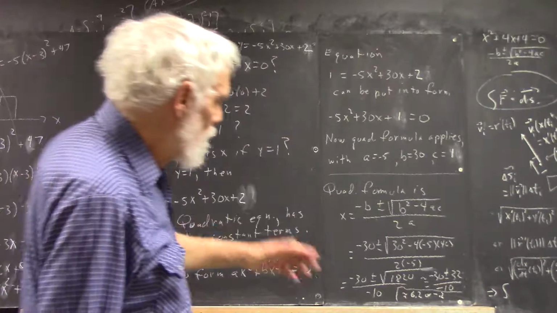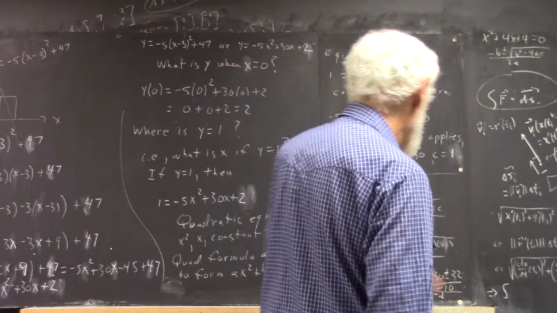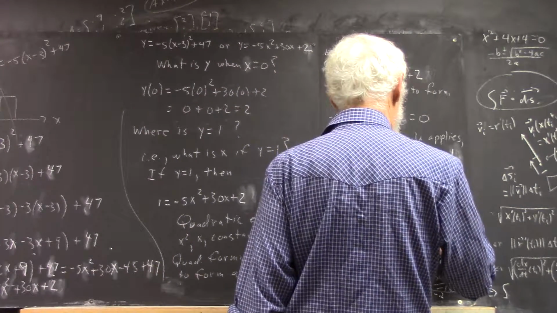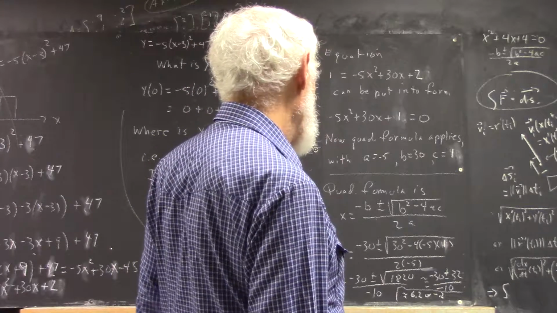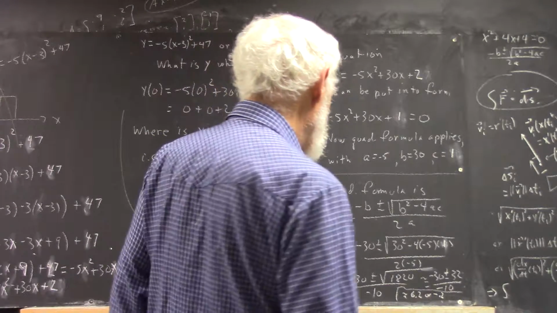Then we plug all that in. Now, I did the arithmetic with 46 there, it should be 1, which makes that 20, which makes that 920.